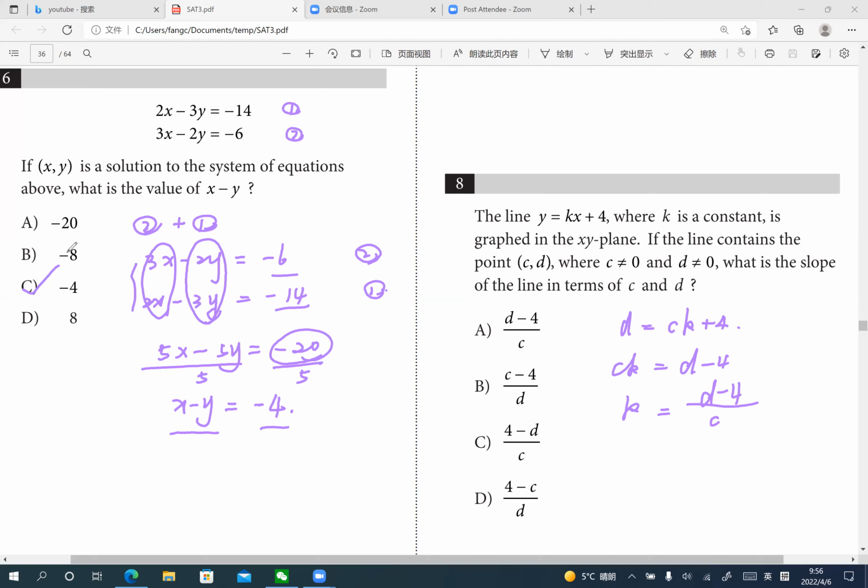So we just need to plug in the coordinates of the point. Then we can get d equals c times k plus 4. So ck should be equal to d minus 4. k should be equal to (d minus 4) divided by c. So we should choose option A.